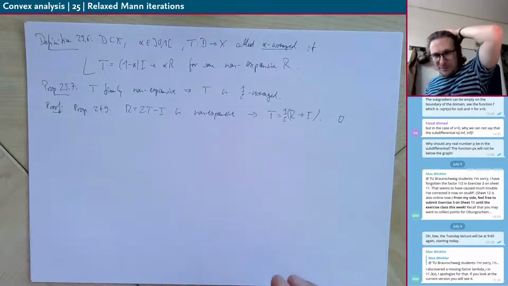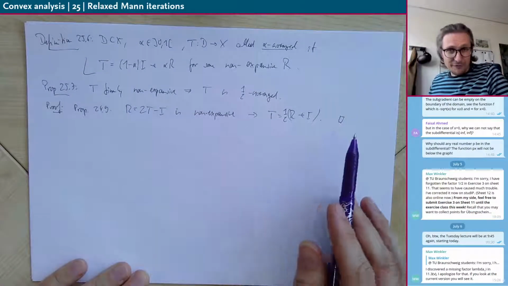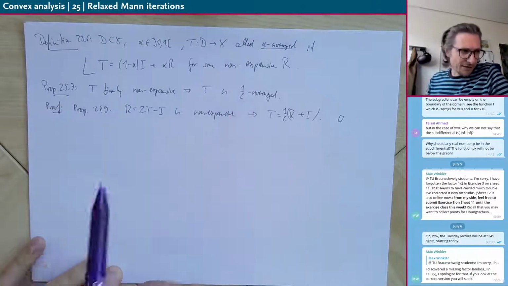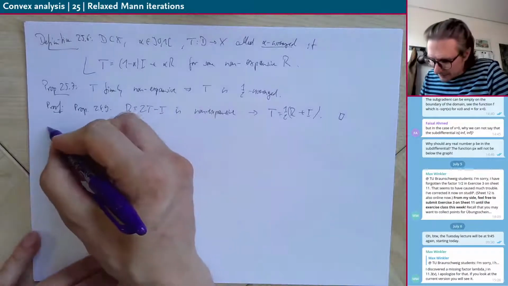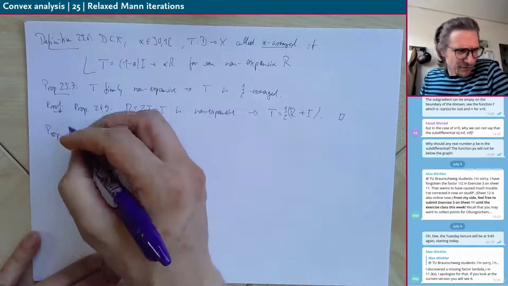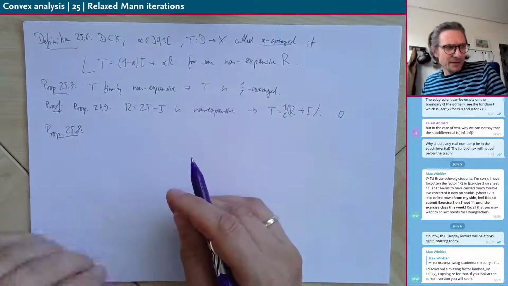Okay, so averaged operators are a thing. Firmly non-expansive operators are averaged, but with constant 1/2. And now comes the theorem, which is a slight strengthening of the previous convergence theorem. The previous one was only called a proposition for some reason, I guess because afterwards comes a better theorem.